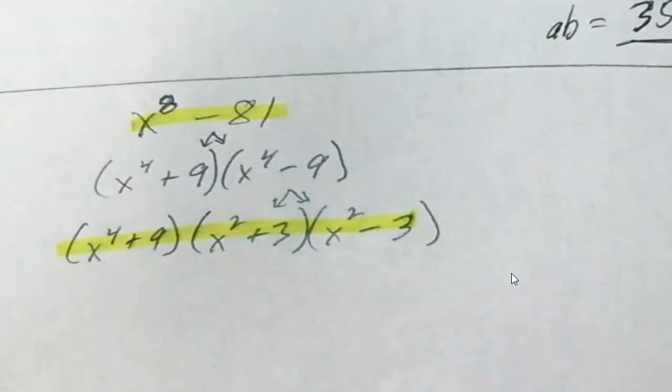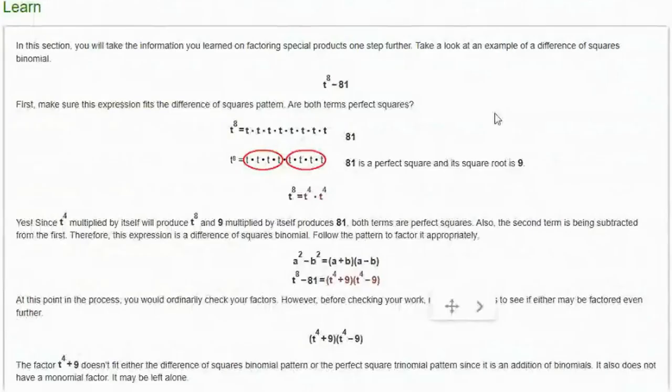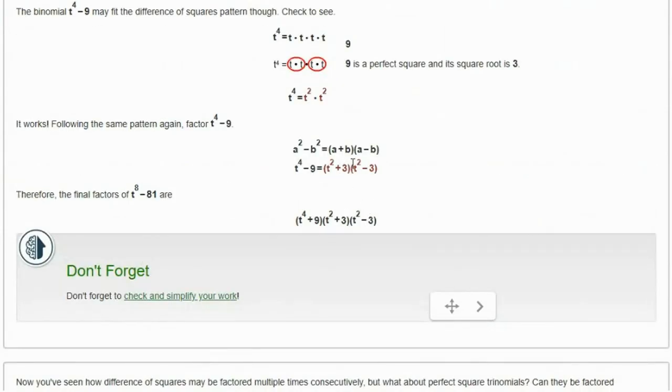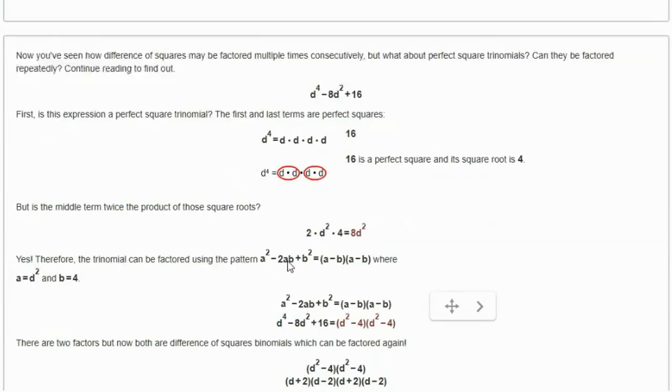Factor further. So that's the example that they're giving right here. When you get to t to the 4th plus 9 and t to the 4th minus 9, that's not the final answer because we can break that t to the 4th minus 9 down again. So check and simplify.